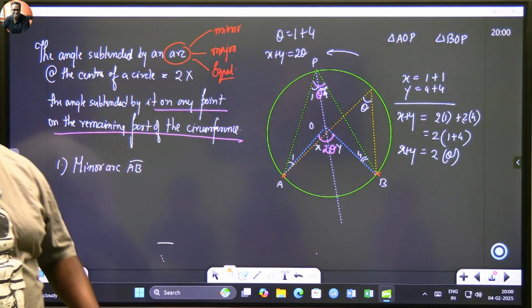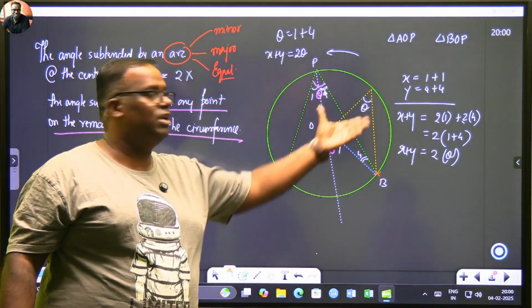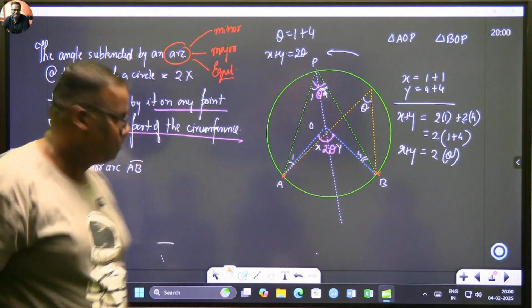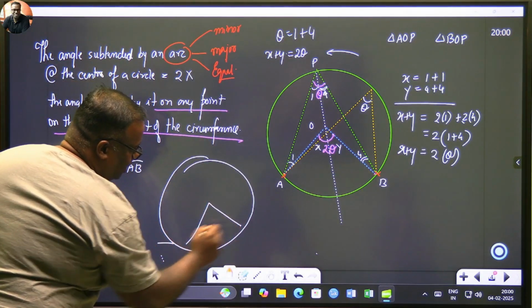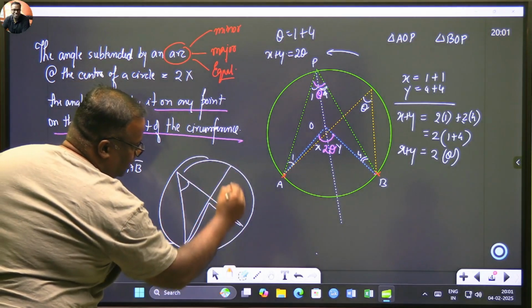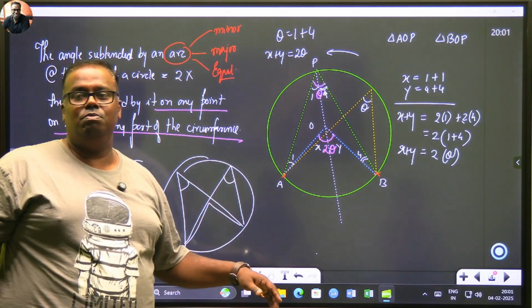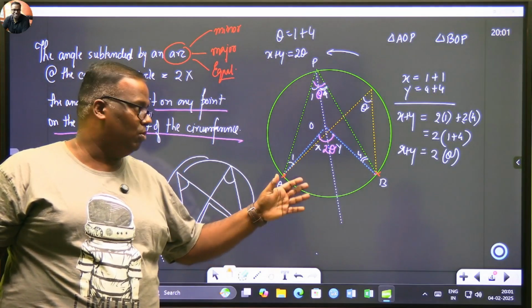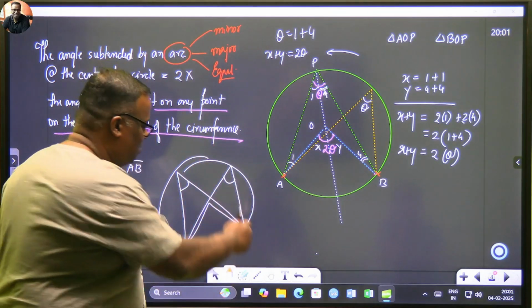Who says it's a right angle? Angle subtended by an arc at the center is twice the angle subtended. It can be here, it can be here also. Which now makes us understand. Well, we'll go to the next one a little bit. Okay, ये पे समझ लो.